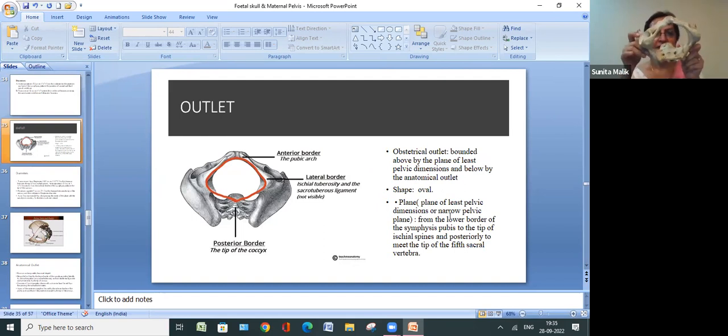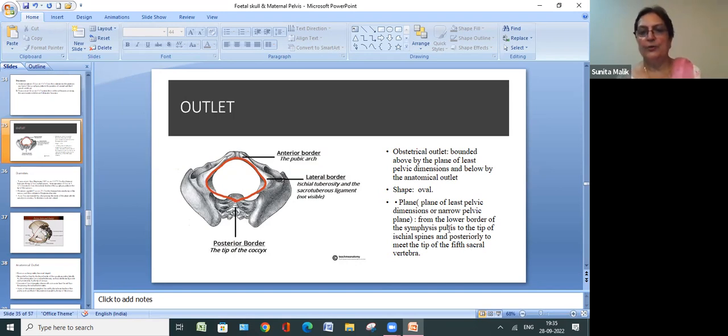Look at these ischial spines. These are inside, so this is the area which is the least. Once the fetal skull has crossed it, it reaches the ischial tuberosities, then it becomes wider. So this is the area at this level. This is known as the plane of least dimension, and this is the obstetrical outlet.